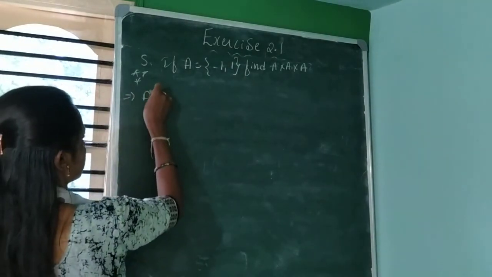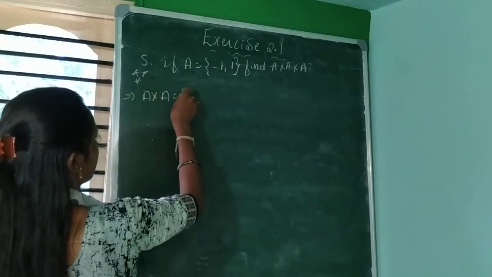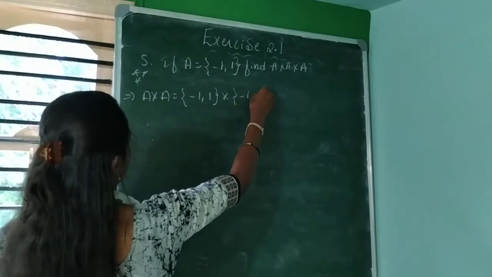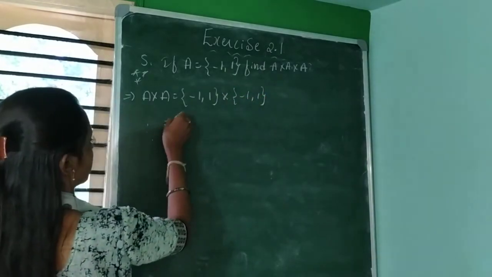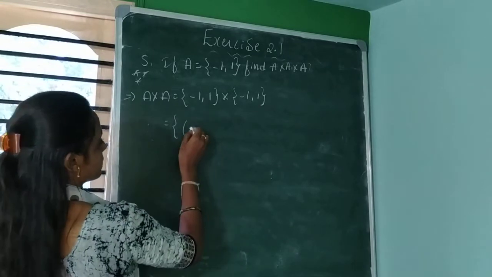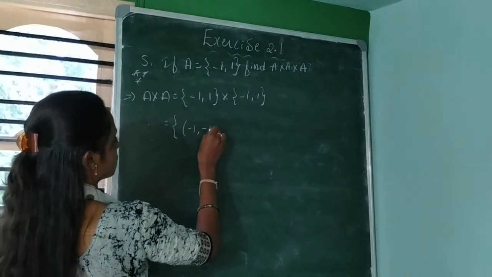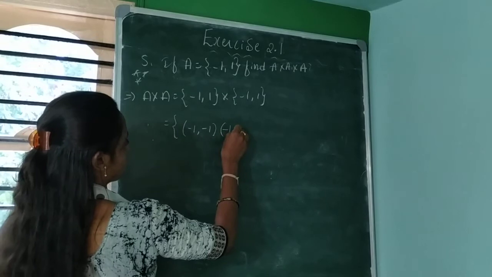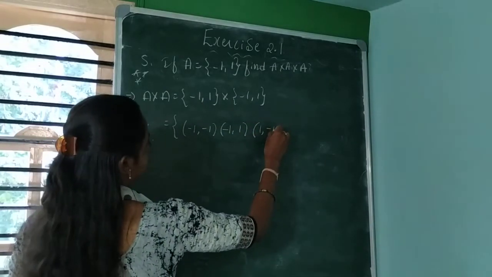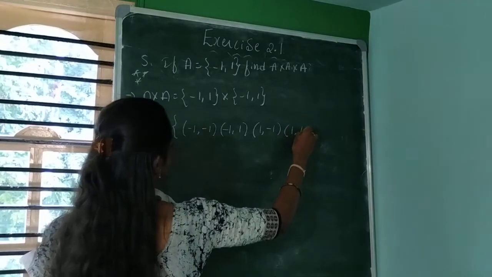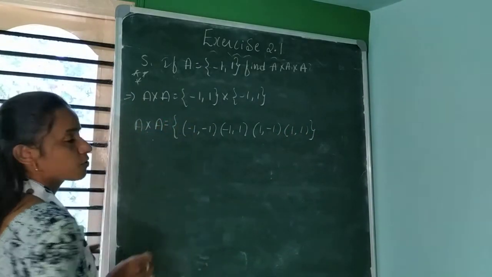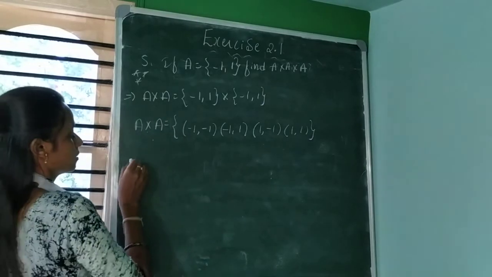First go with A cross A. A cross A is {-1, 1} cross {-1, 1}. You just write it as ordered pairs: first (-1, -1), next (-1, 1), then start with plus 1: (1, -1), (1, 1). This is only for A cross A. You need to find the triplet ordered pairs.